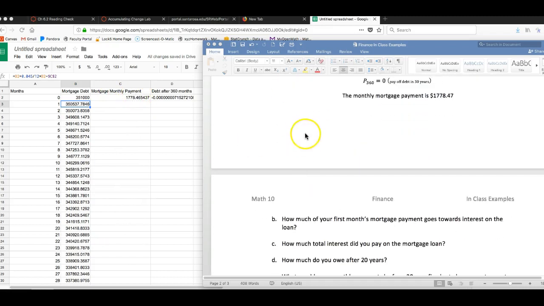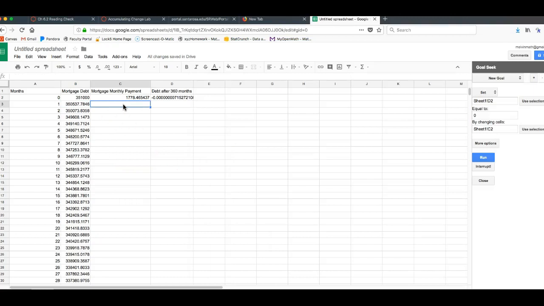Okay, the next question on here was how much of your first month's mortgage payment goes towards interest? So that first month you paid $1,778.47, but how much of that actually went towards your debt versus interest? So how we get that is I'm going to write up here, equals, I want to find the difference between these two.